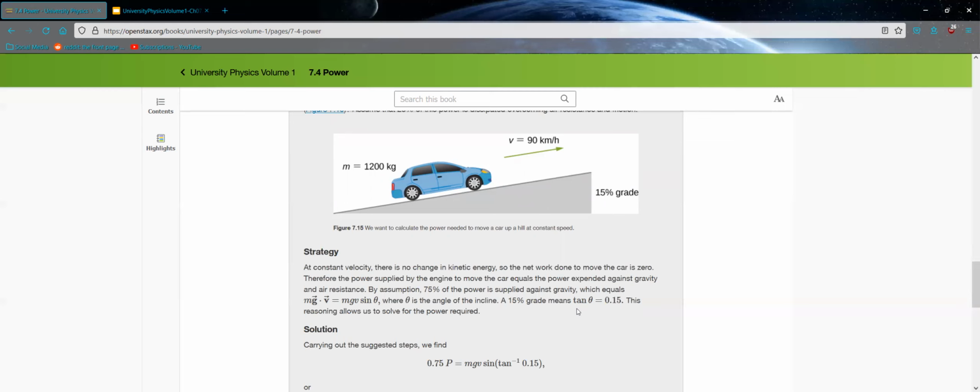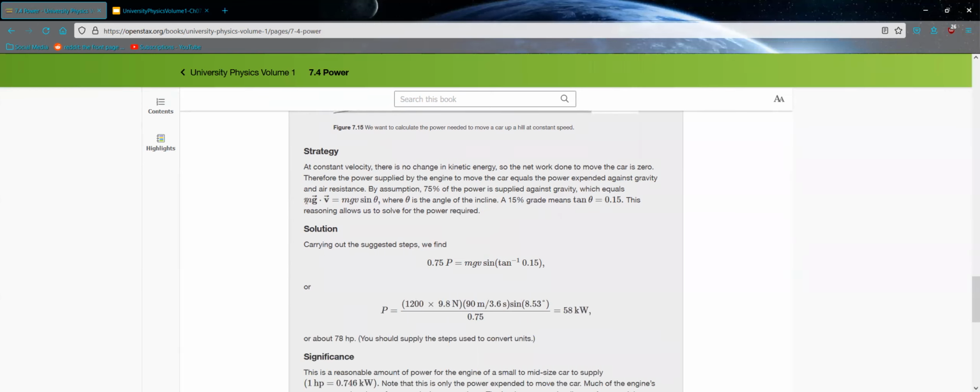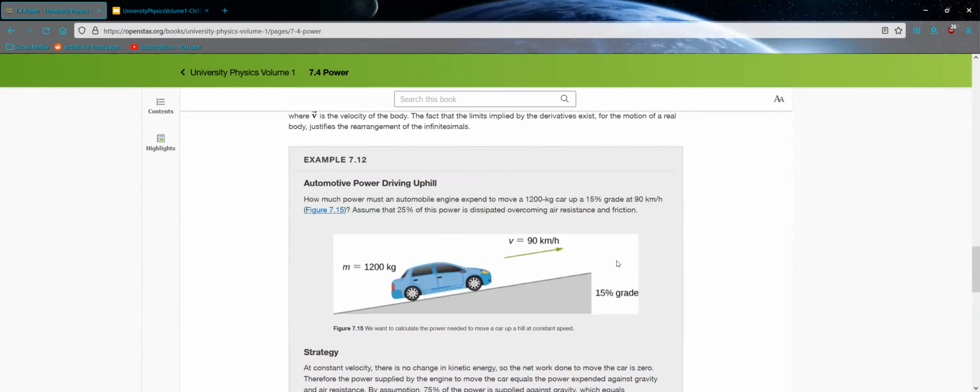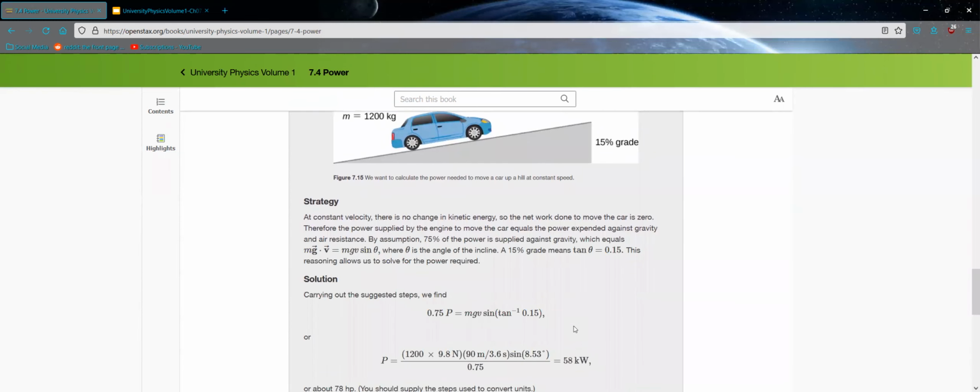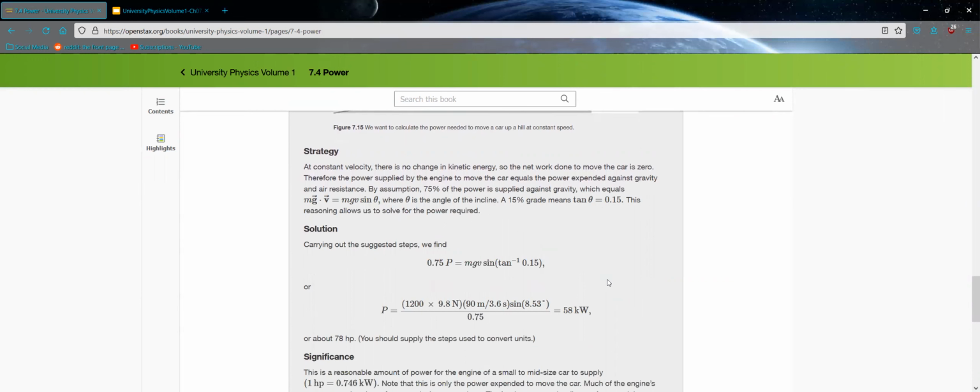By assumption, 75% of the power is applied against gravity, which equals the equation shown here: the mass times gravity, dot product with the velocity, where the dot product with velocity is v sine theta, given our 15% grade. The 15% grade is equal to the tangent of theta, so we can infer the following equation.